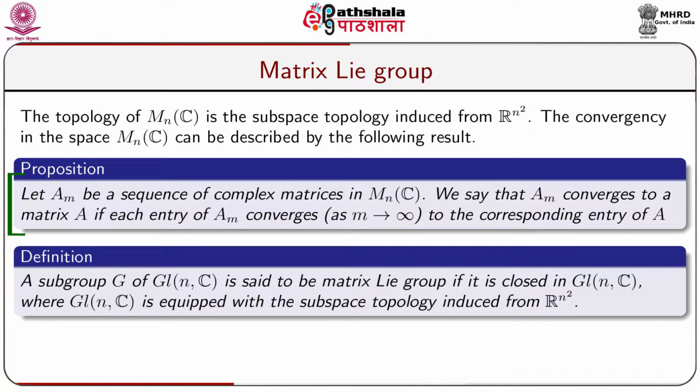That means a sequence of matrices converges to a matrix if all the corresponding entries converge to the entries of the matrix in question.